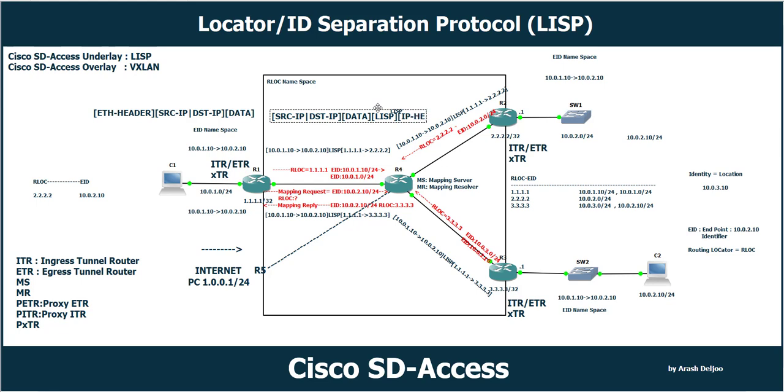It means that with LISP, we encapsulate the packet. Here we have some detail. For example, we also use a UDP header between the LISP and IP header. But finally, LISP encapsulates a layer 3 packet.